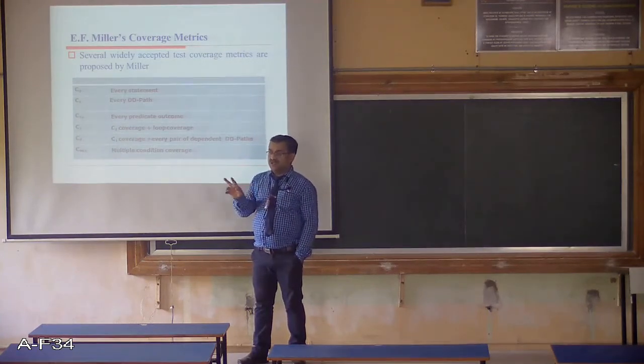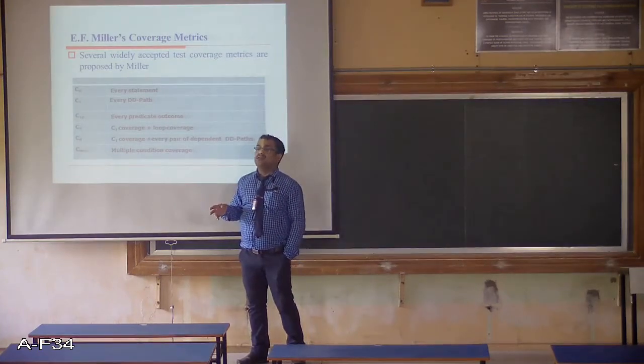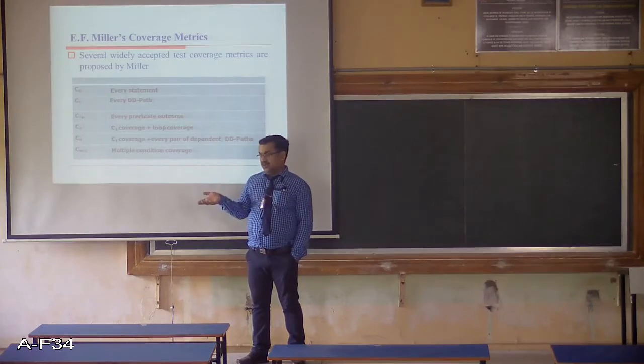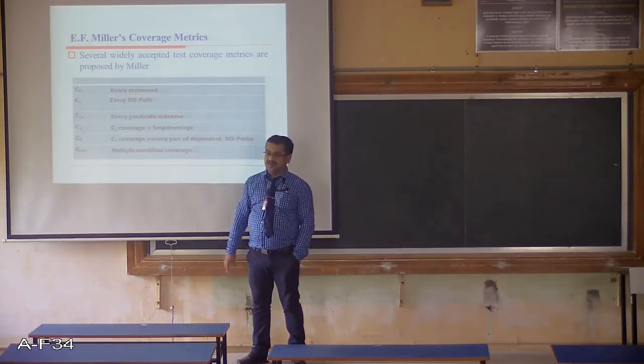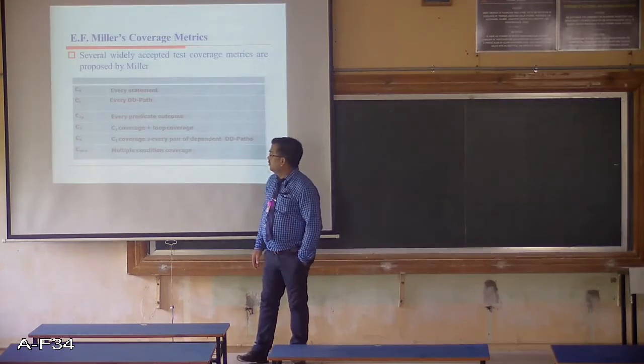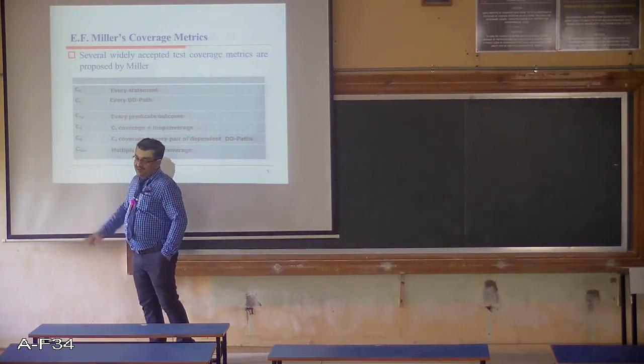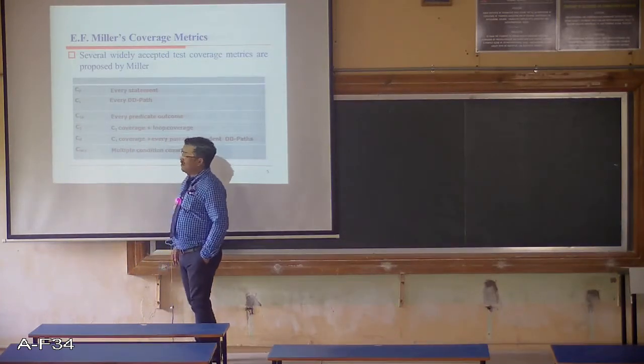So you are combining two, and the final outcome depends on the conditions you check for each of those terms. That is multiple condition coverage, indicated by the coverage metric CMCC.